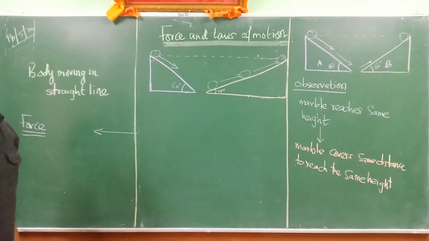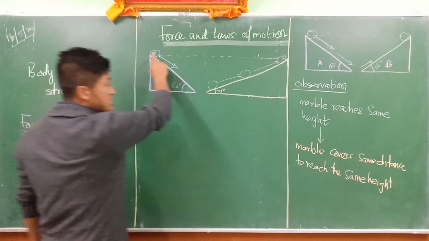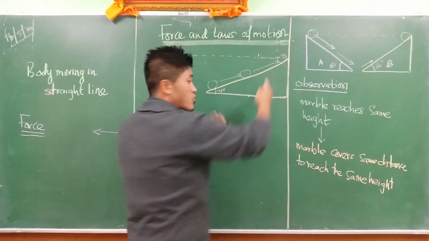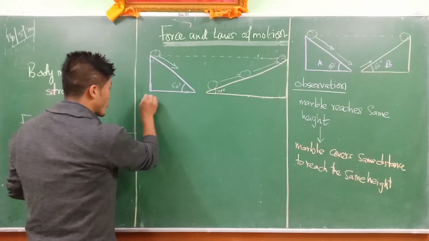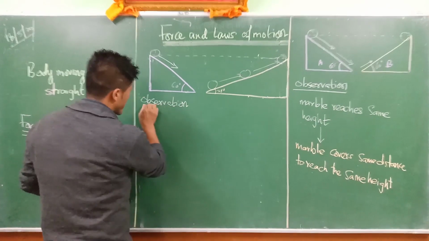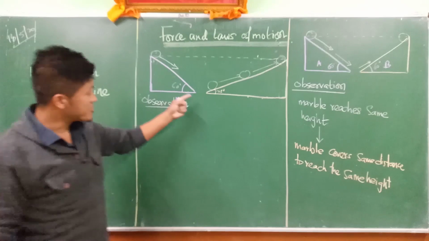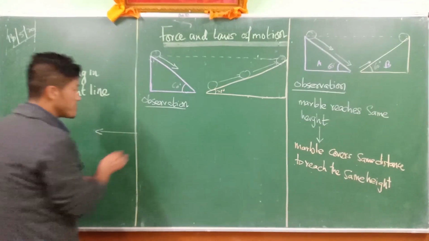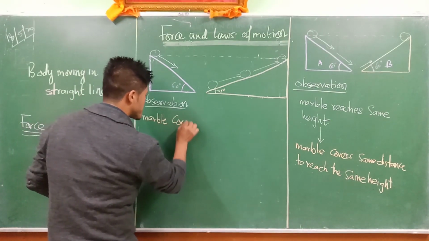But what is the strange thing about this one? Though the marble has started from this point here and it has reached this point, if you see the distance between this and that, it's totally different here. So in the second observation, what he noticed is that this time the marble covers more distance to reach the same height.